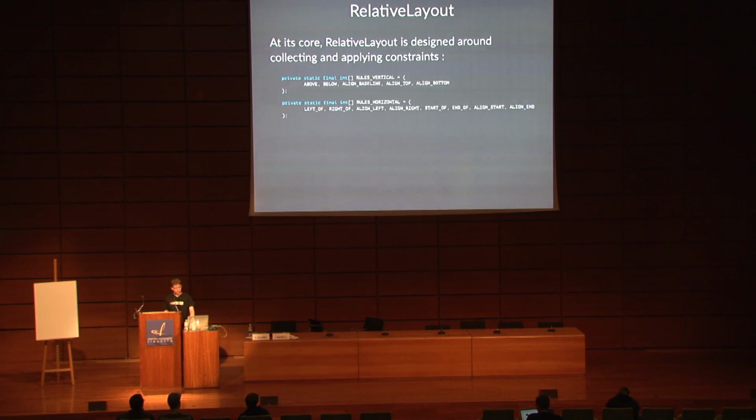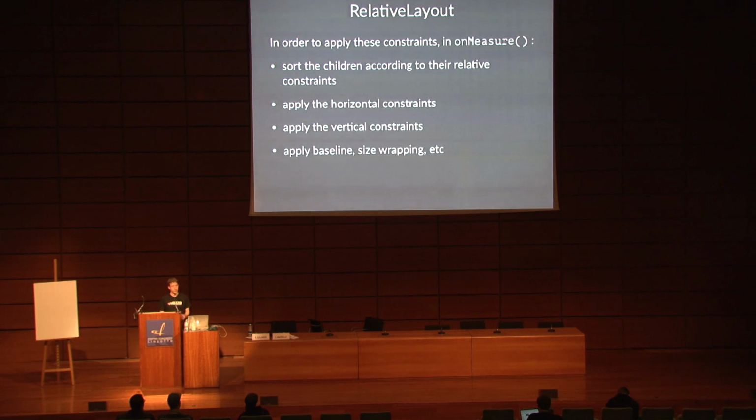And what it does exactly, in order to apply all these constraints that you are going to put in your XML, is that in its onMeasure call, it sorts all of its children according to their relative constraints, then applies the horizontal constraints, applies vertical constraints, and then applies everything that is left, so baseline, size wrapping, right to left, and so on.